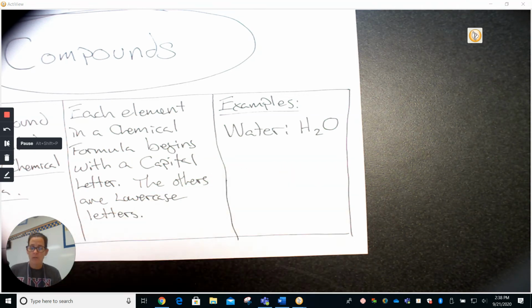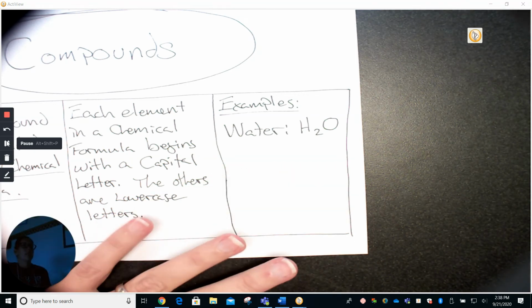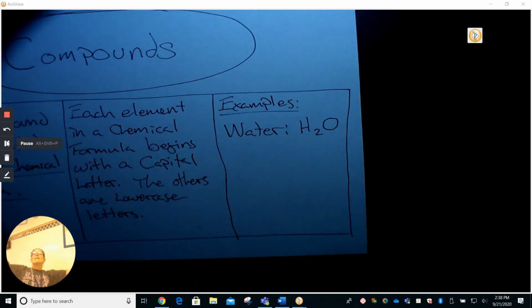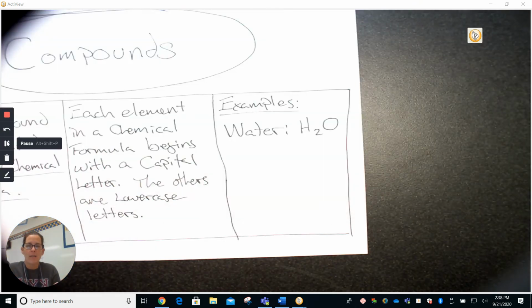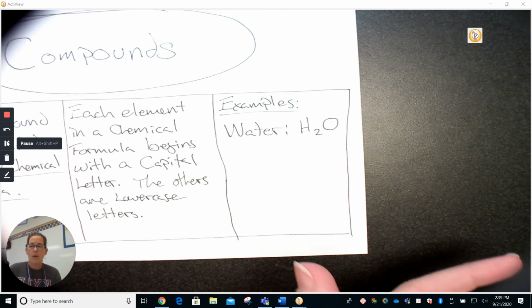Kind of cool, right? Okay, so the next one, this is what you might breathe. This is what we breathe out every time. So we breathe oxygen in, our lungs take it in, it moves it through our bloodstream. And when we breathe out, what comes out is carbon dioxide.